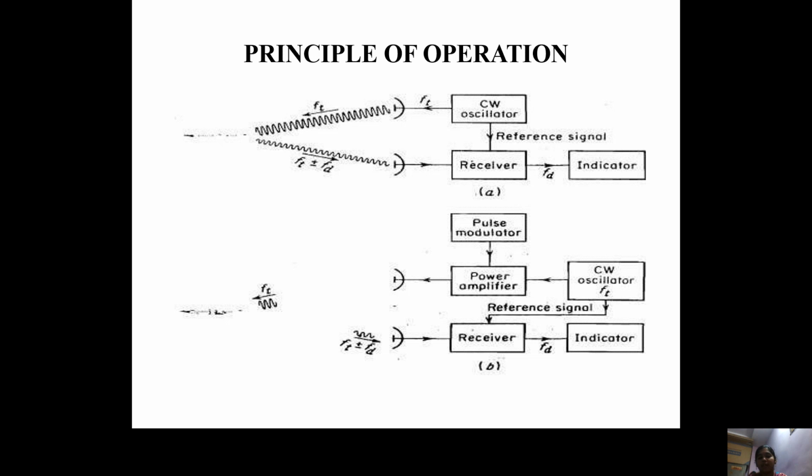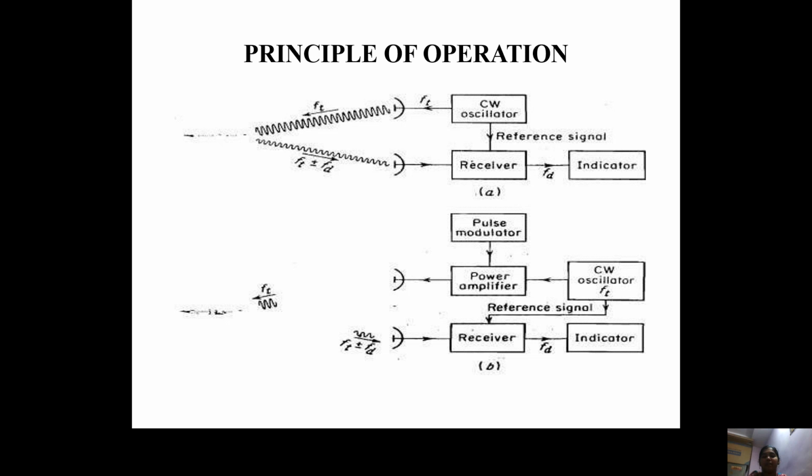This signal is the received echo signal from moving targets. Sometimes it may contain clutter, so we have to eliminate the clutter. That work is done by the receiver. At the receiver we have two separate signals: one is the reference signal obtained from the transmitter, and the other is the echo signal received by the receiver antenna.